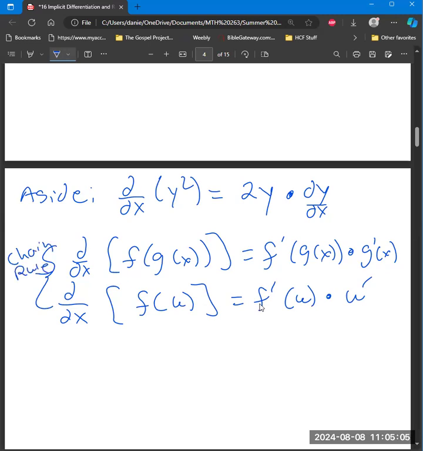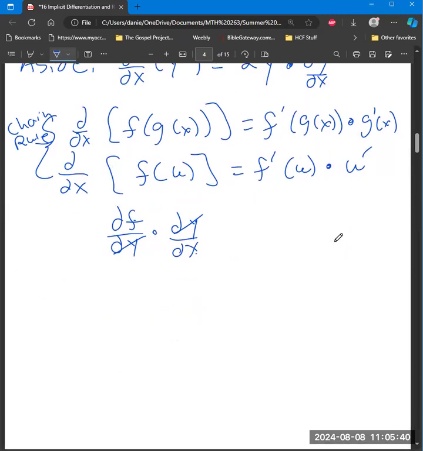We also can write the chain rule as df dy, if this is f right here, times dy dx will give me df dx. That's the other thing that's going on: we're going through y to get to x. I don't know how to differentiate this exactly with respect to x, so I'm doing it implicitly and going through the variable y that I see to get there.